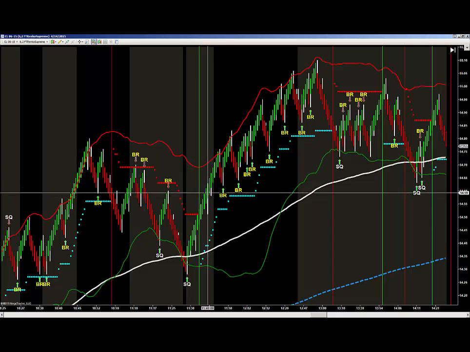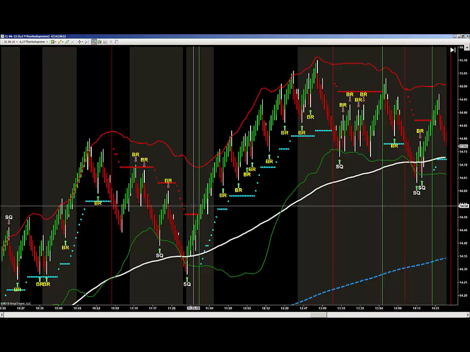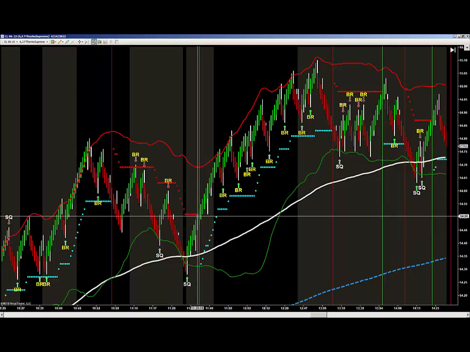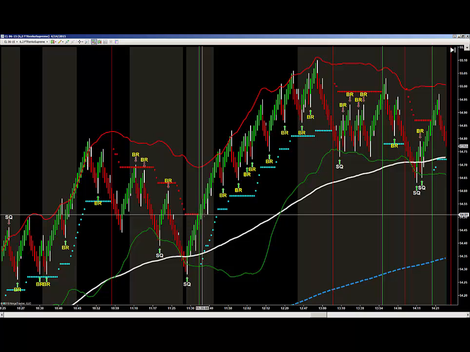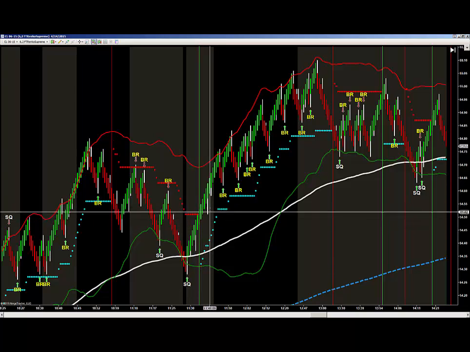So if we count 1, 2, 3, 4, 5, 6, 7, 8, 9, 10, 11, 12, 13 bars away. In other words, it went past that line. We got our up signal. We could, if we chose to, have a BR signal there.